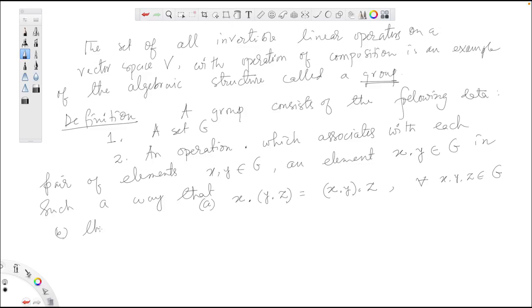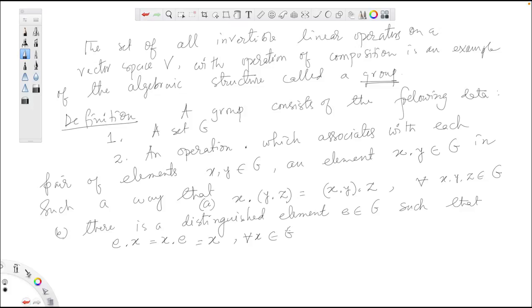B, there is a distinguished element called a unit. There is a distinguished element e in the set G such that e dot x is equal to x dot e is equal to x for all x in the set G. This distinguished element e of G is called the identity element.